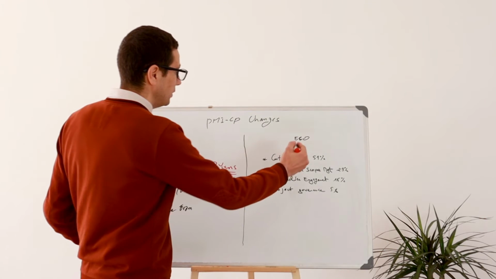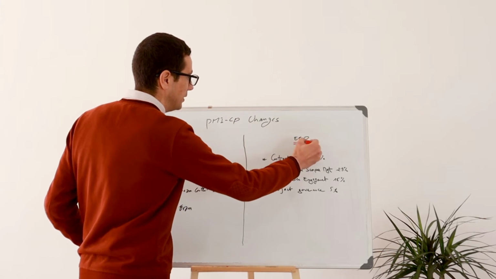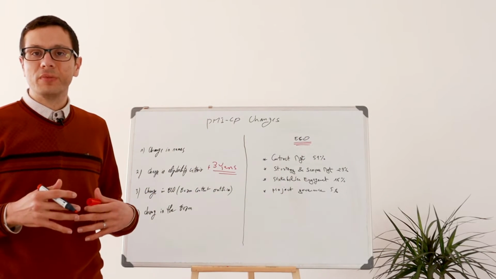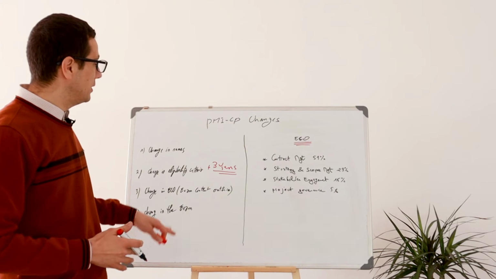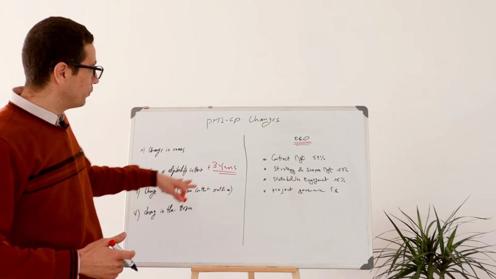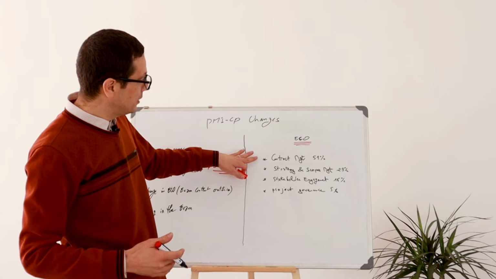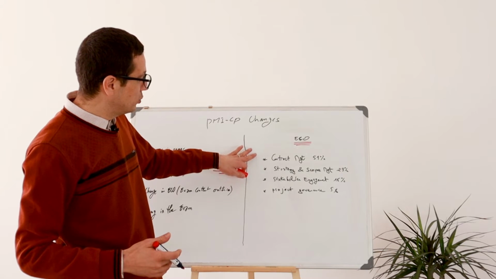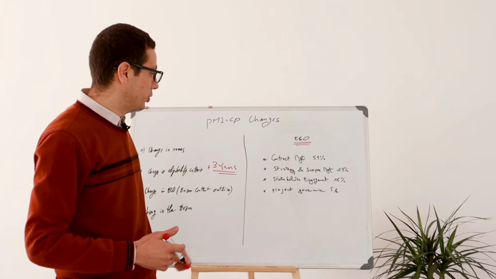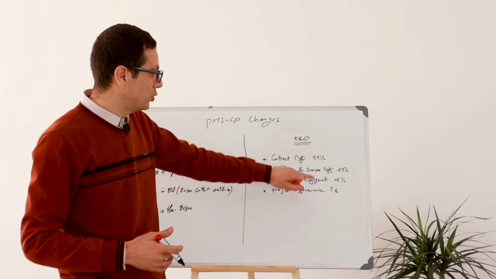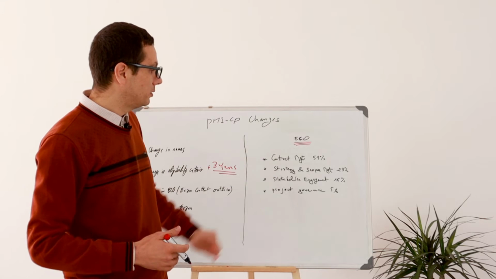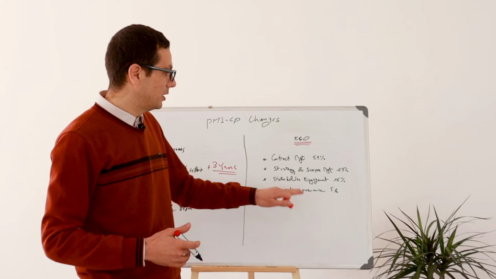And the exam content outline is the things or the tasks that you will be examined on. It was previously split into 4 domains: the contract management, strategy and scope management, stakeholder engagement, and project governance.